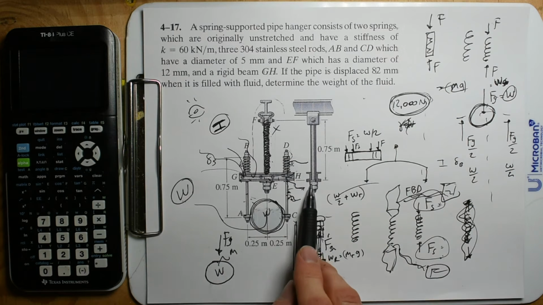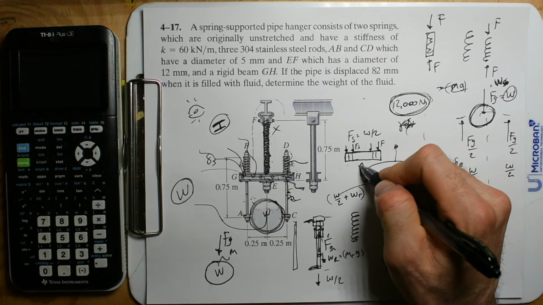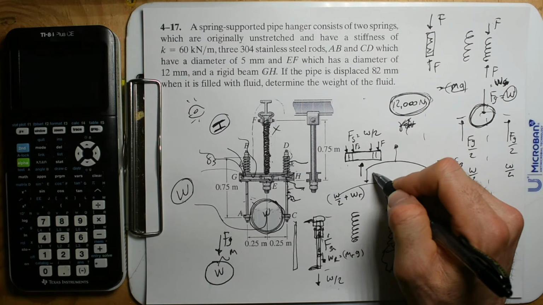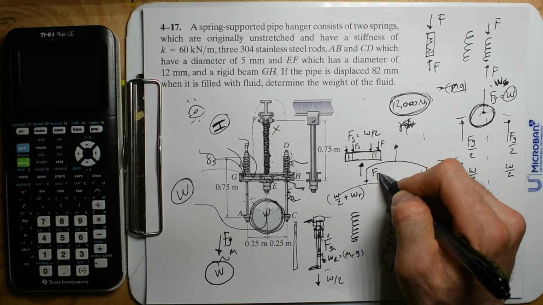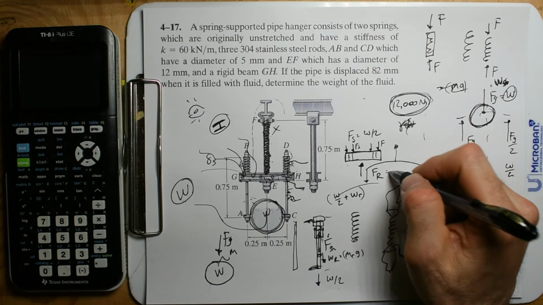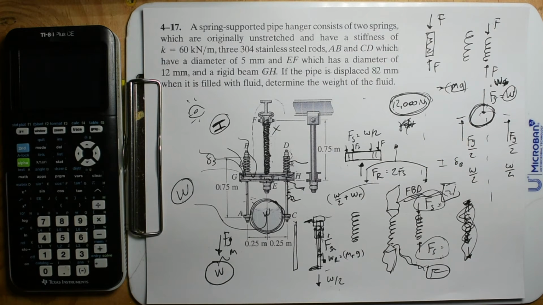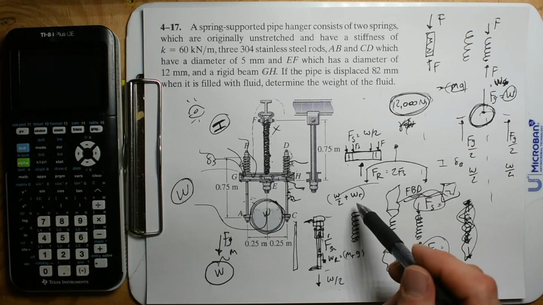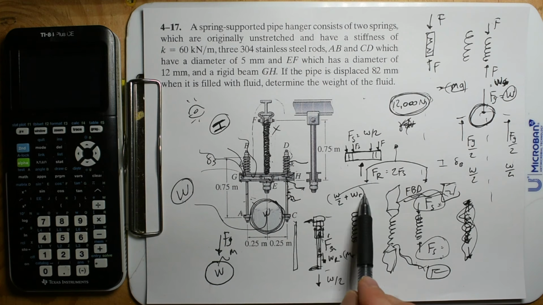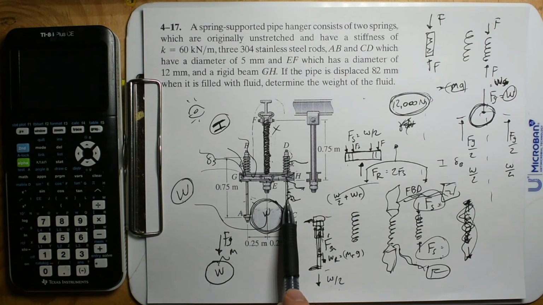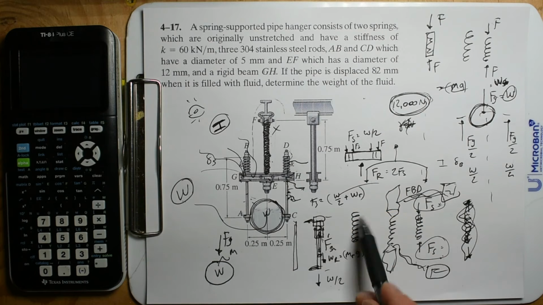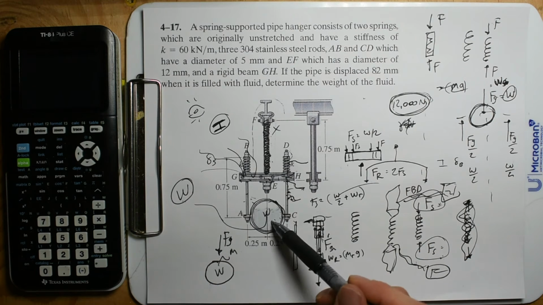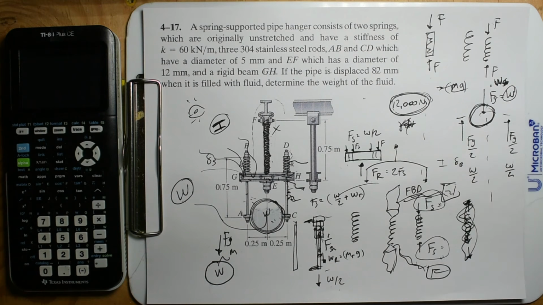Yes, this is that. We have the force of the big rod, we're going to call that capital R. That's just 2 times the force of the springs. The force in one spring is the weight of this rod plus half the weight of the water. Cool.